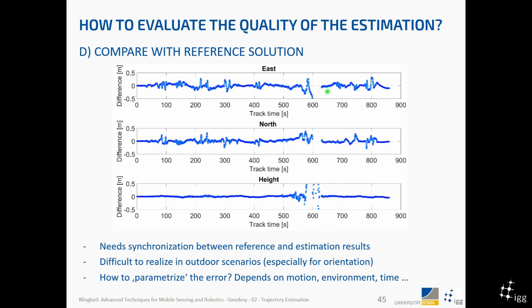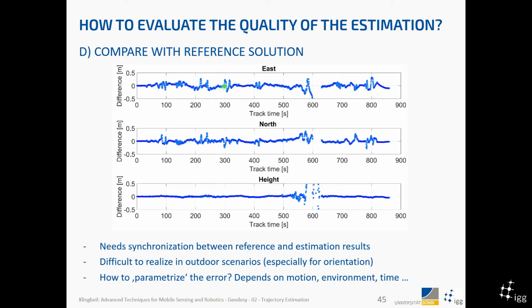Reference system means it tells me the true value, the true position, or the true orientation, and true means usually a factor of 10 better than the system that we estimate. So we need a synchronization between the reference and the estimation results. And this is a first thing.